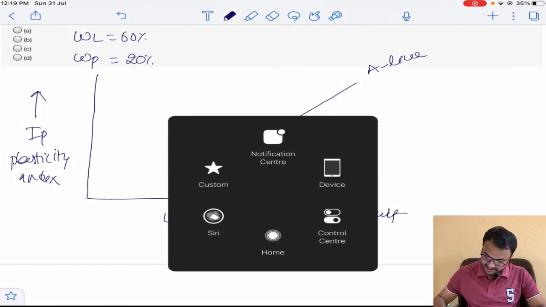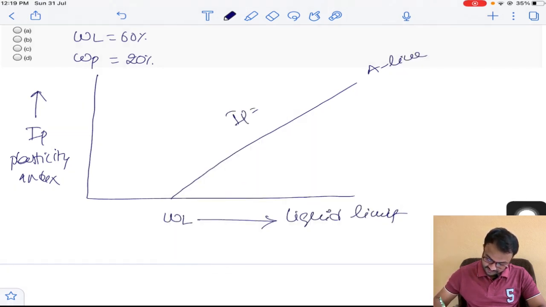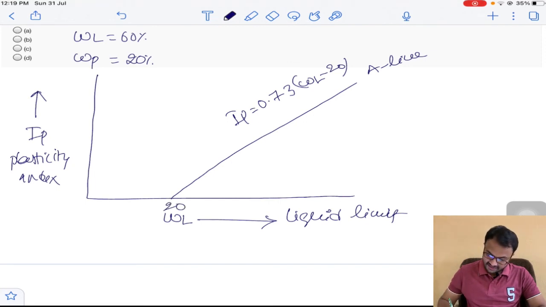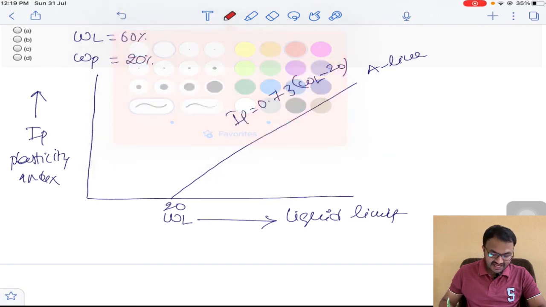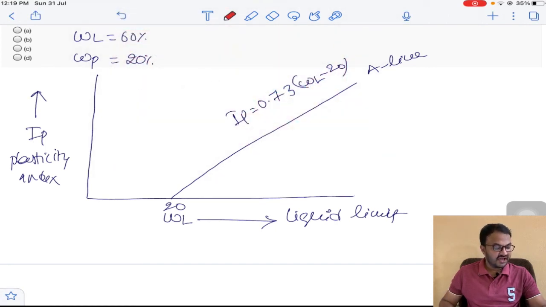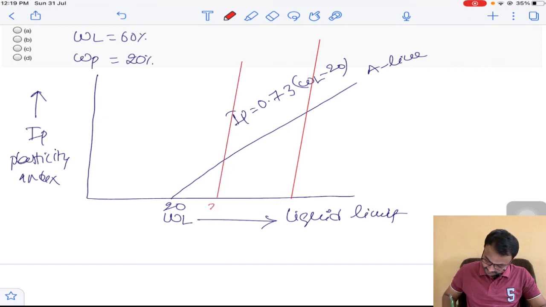What is the equation for this A line? IP is equal to 0.73 times (liquid limit minus 20). It will pass at a liquid limit of 20. Okay. And now to classify the given soil, whether it is low compressible or medium compressible or highly compressible, depending upon the given liquid limit, there is one line here at 50, there is one line here at 35.